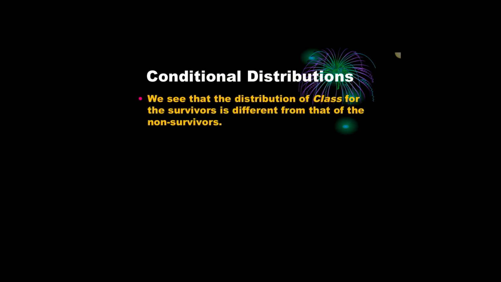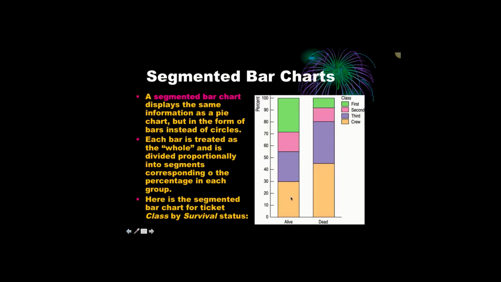Finally, we can use conditional distribution to describe what the data is telling us. So in our previous two diagrams and tables, we see that the distribution of class for the survivors is different from that of the non-survivors. Going back, we can see that far more people that were crew members died in the Titanic than survived.